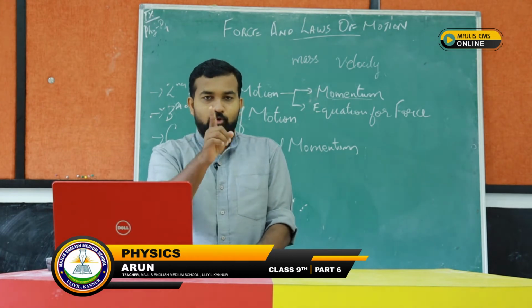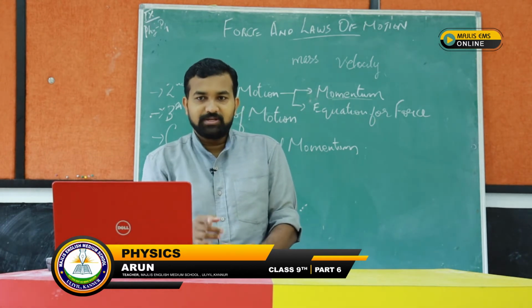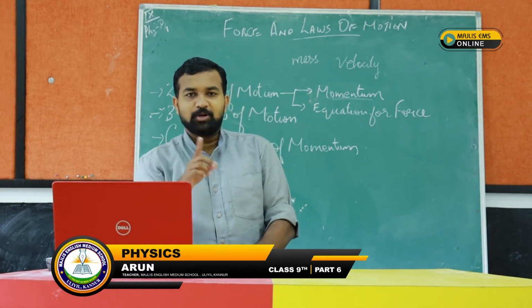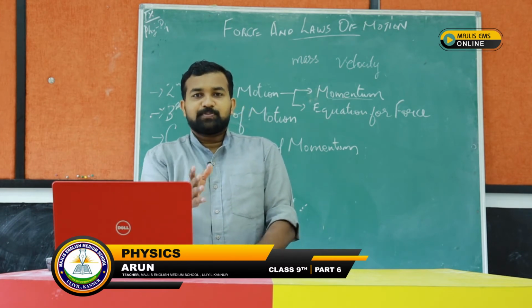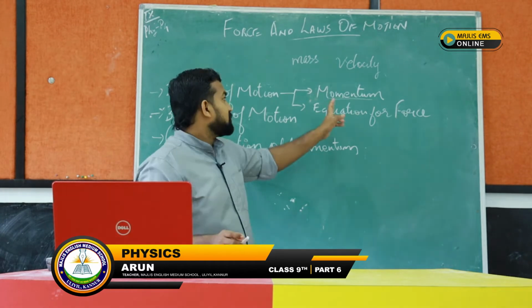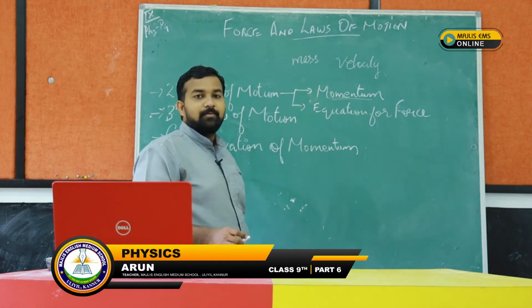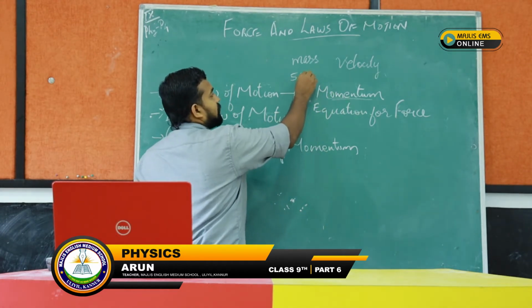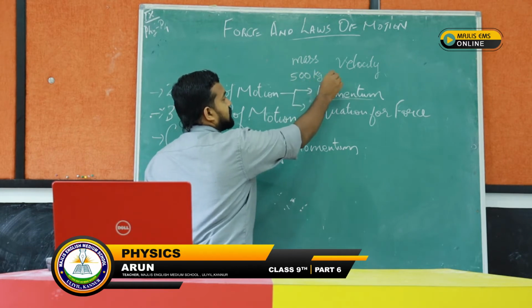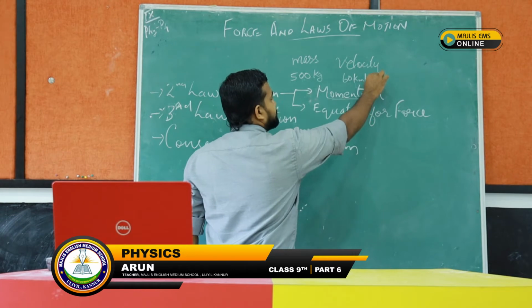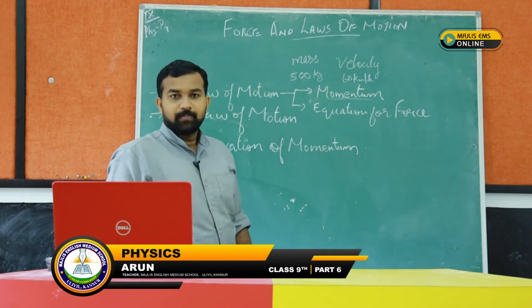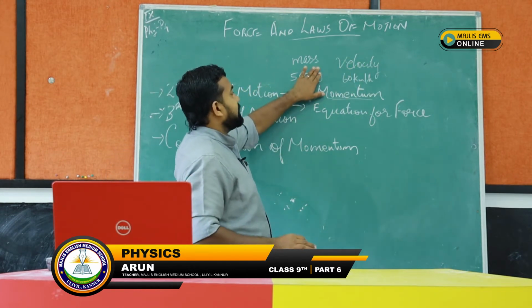You can note the speed of the car in the speedometer. Inside there will be a digital speedometer or a manual speedometer, whatever it is. The speedometer will show the velocity of the car, and the car will weigh around 500 kilogram. The velocity will be 60 kilometer per hour. Let it be in SI units.